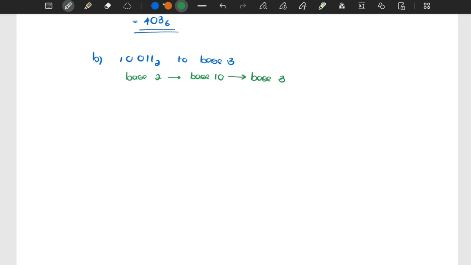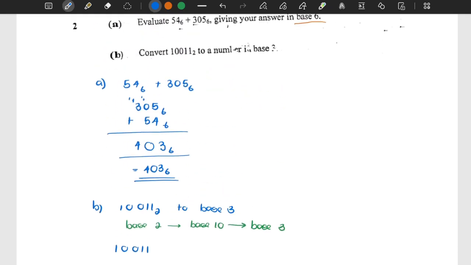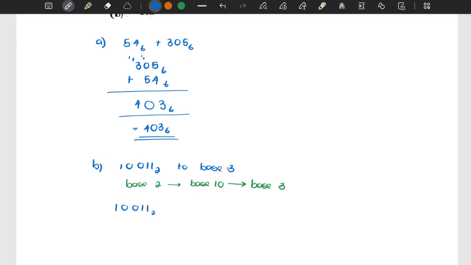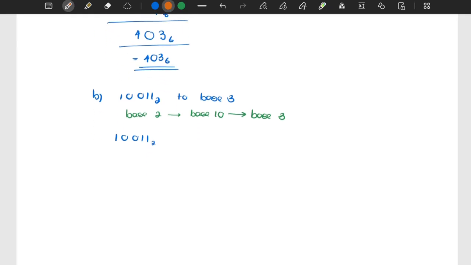So taking it to base 10, we have 1, 0, 0, 1, 1, base 2, right? So that means that this one is to the power 0, to the power 1, to the power 2, to the power 3, and to the power 4.